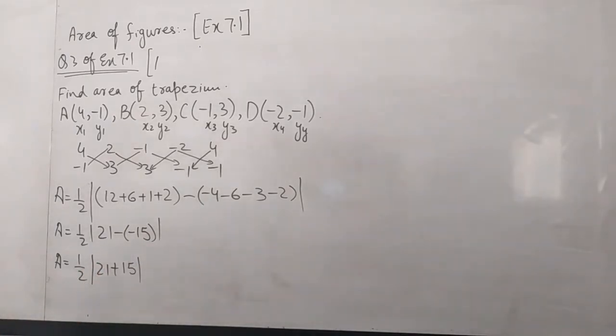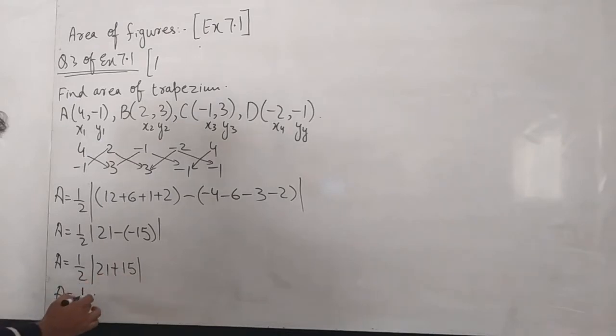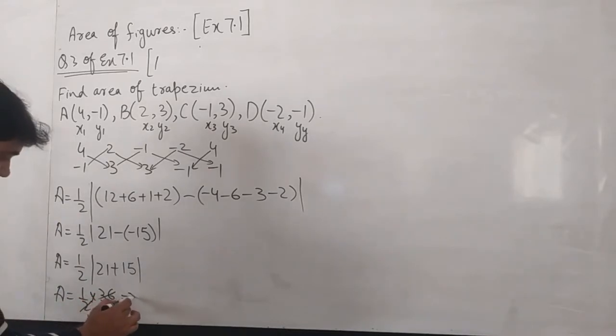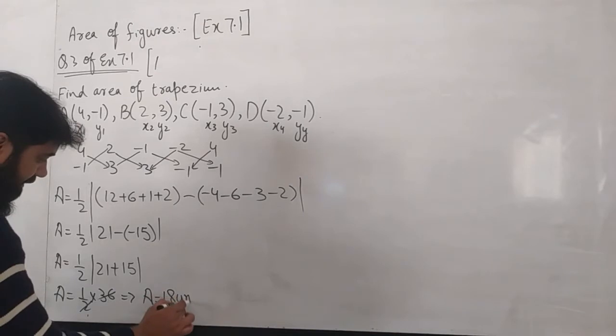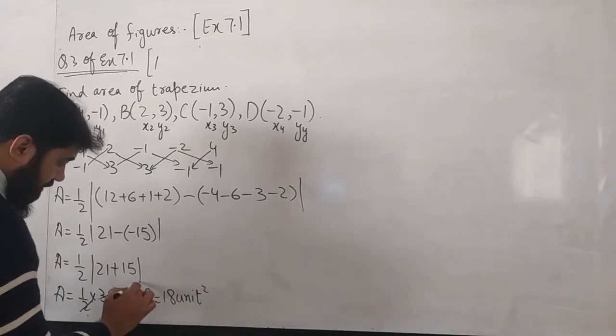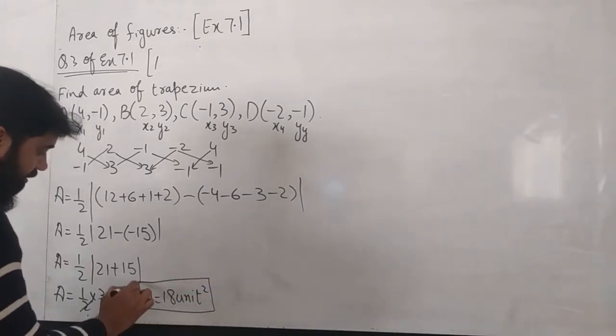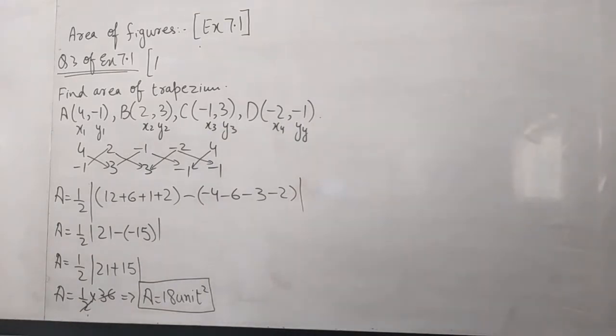Simplifying it further, A equals half of 36, and when I cancel it, the final answer is A equals 18 unit square. Okay, that is going to be your final answer for this one by our second method, the arrow method.